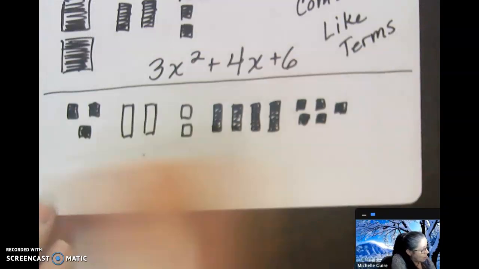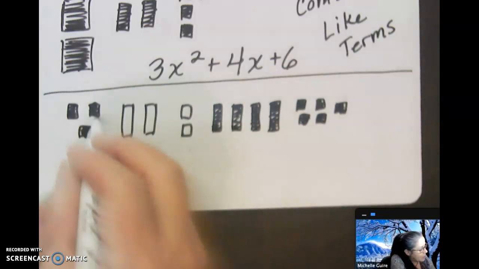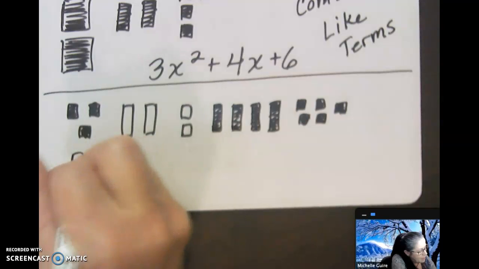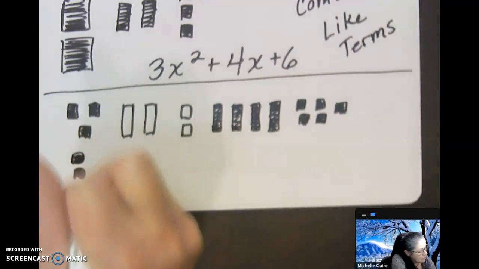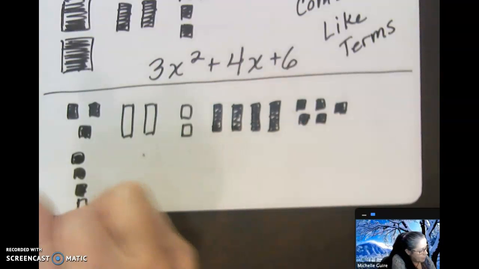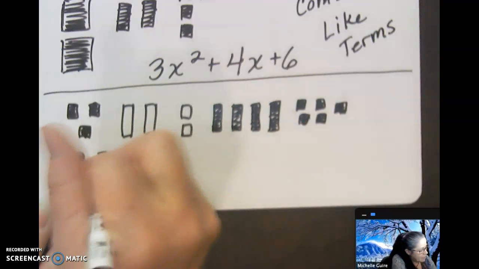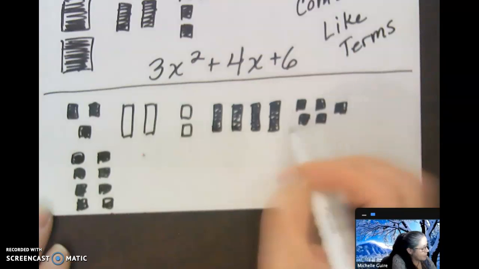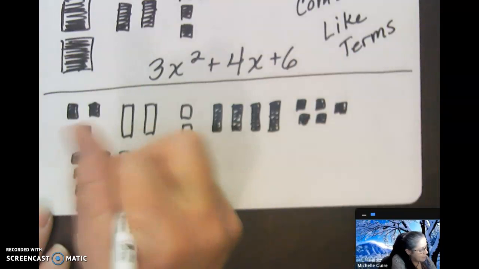So we're going to do all of our positives. 1, 2, 3, 4, 5, 6, 7, 8. And then our 2 negatives.